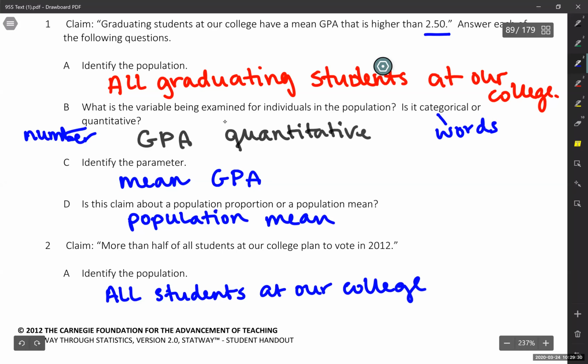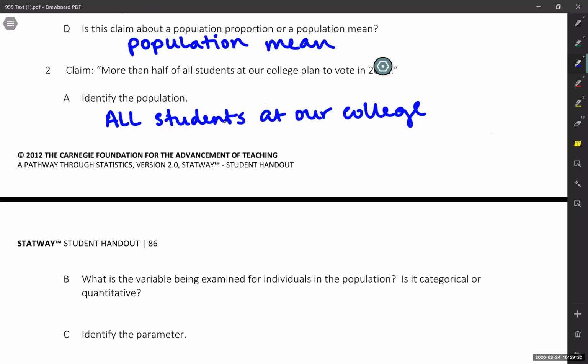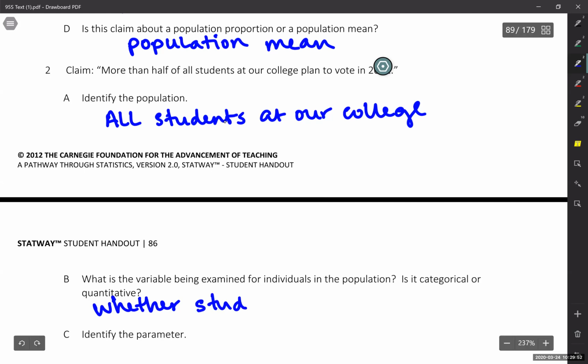What is the variable being examined in this problem? What are they asking? And so what they would ask each person is, do they plan to vote? So whether students plan to vote. Now, if someone asks you, do you plan to vote?